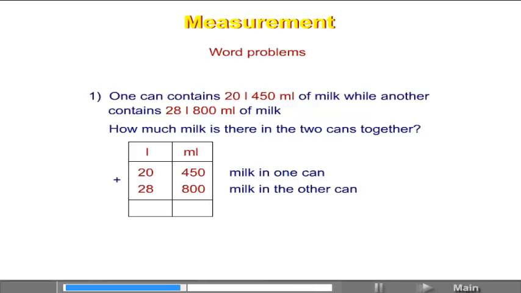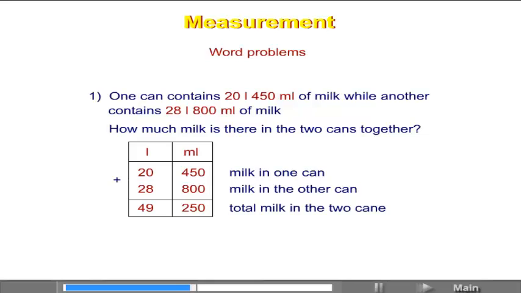Let us first add the milliliters. When we add 450 milliliters and 800 milliliters, the answer is 1250 milliliters. We know that 1250 milliliters means 1 liter and 250 milliliters. Let us keep this 1 liter aside.